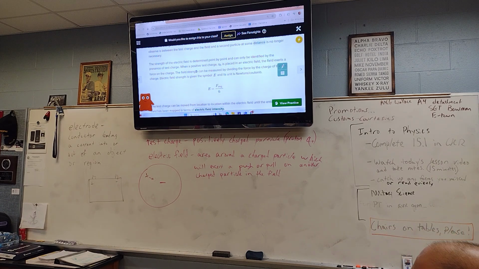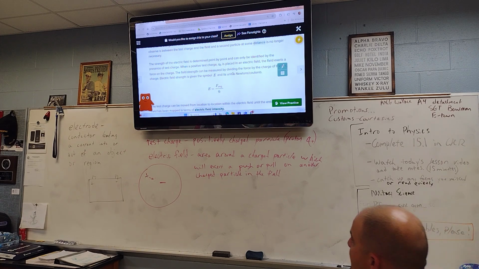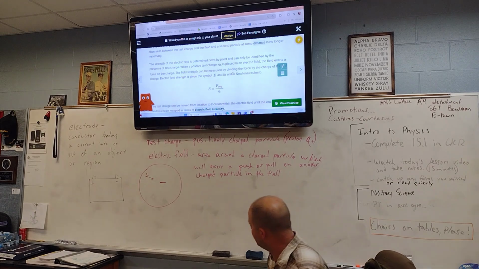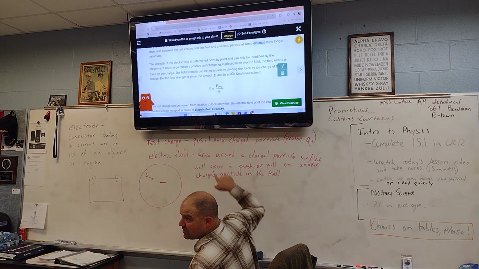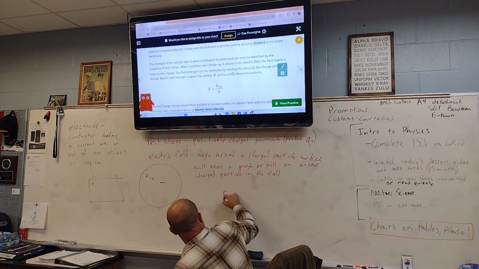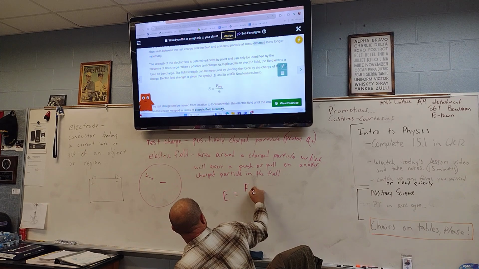The field strength can be measured by dividing the force by the charge of the test charge. Electric field strength is given the symbol E, and its unit is newtons per coulomb. So here we go. I'm going to rewrite that down here. You do it in your notes too. E equals F on QT.